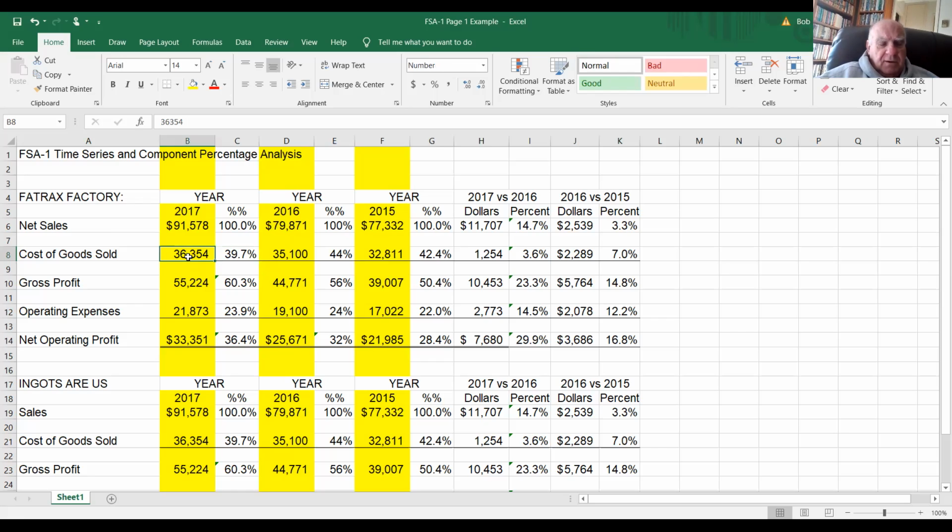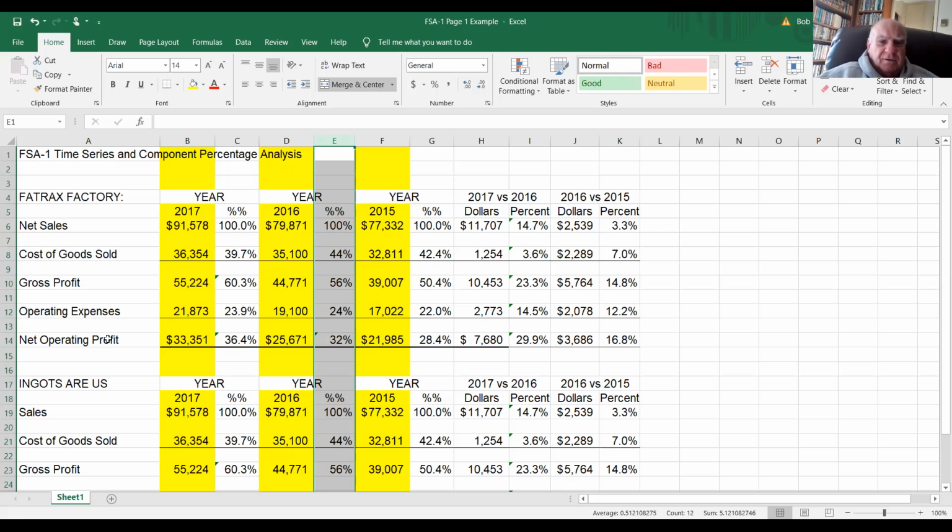We got it by dividing 36354 by the 91578 net sales, which equals 39.7%. Now make sure you add that one decimal point exactly like that. That's important. I noticed it wasn't done here, so whoever did this is going to get a slap on the knuckles, okay?